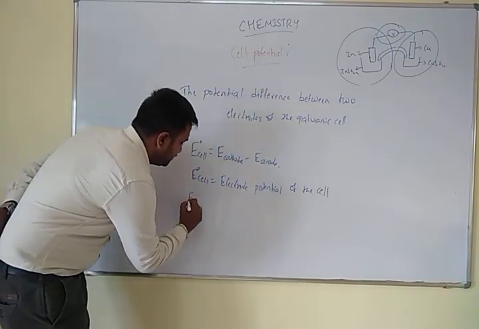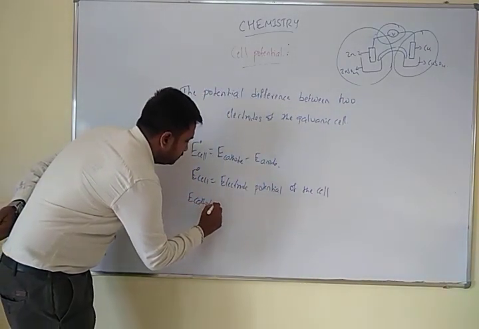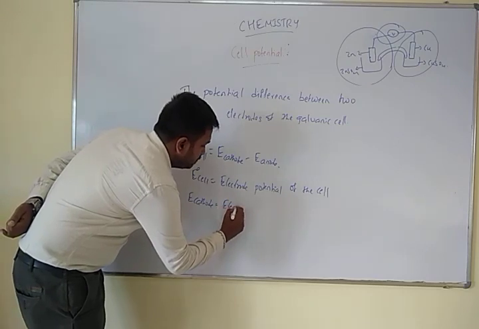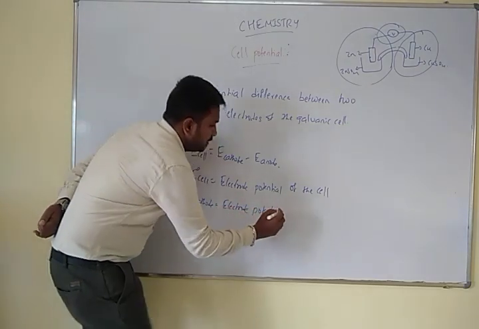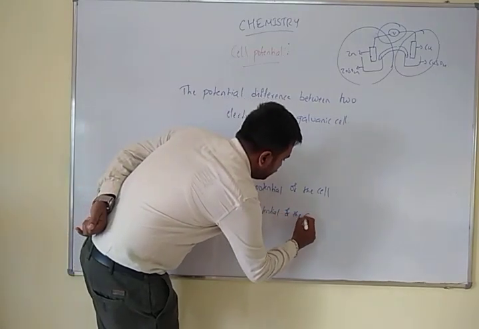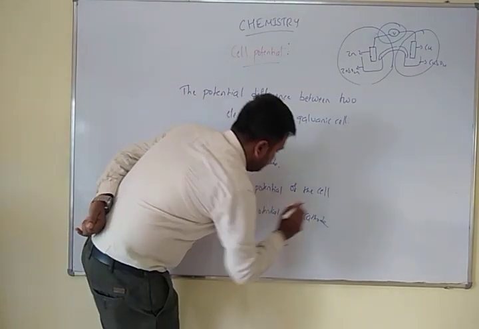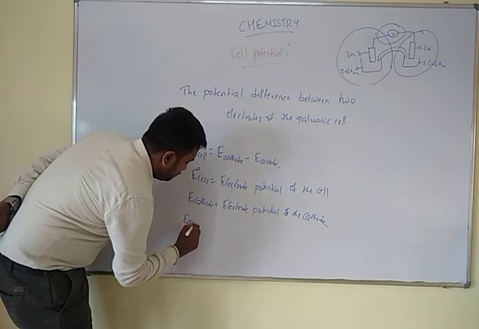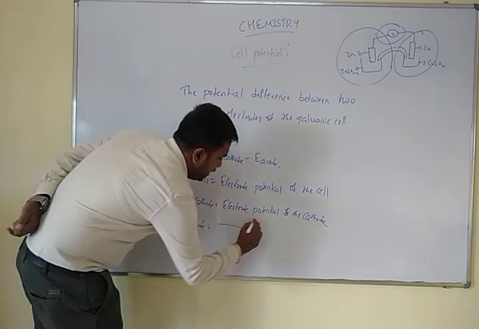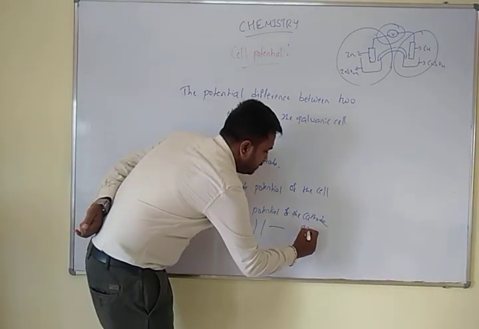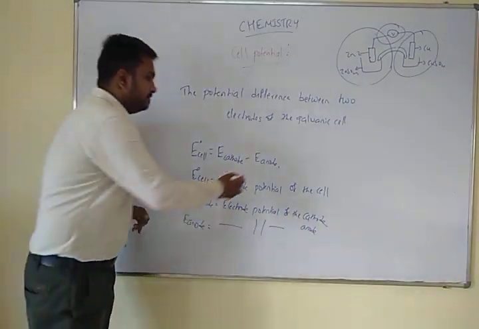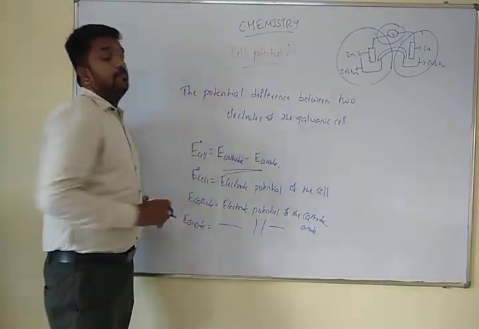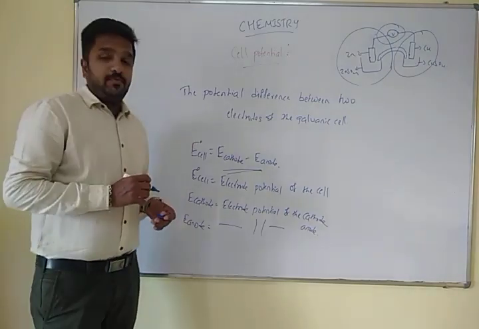E cathode is the electrode potential of the cathode. E anode is the electrode potential of the anode of the cell.